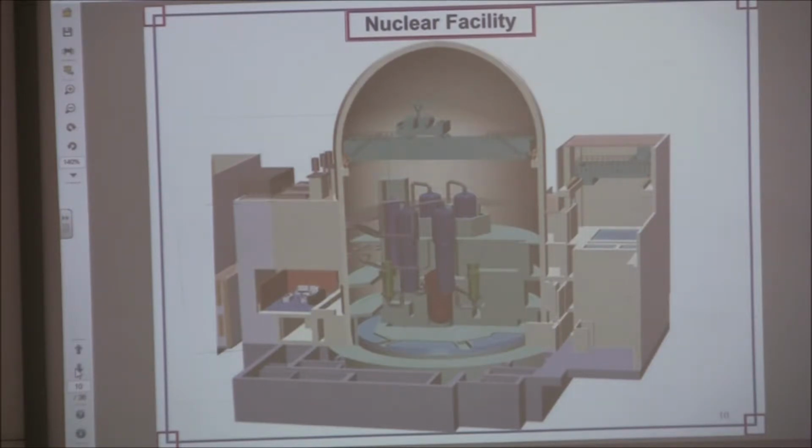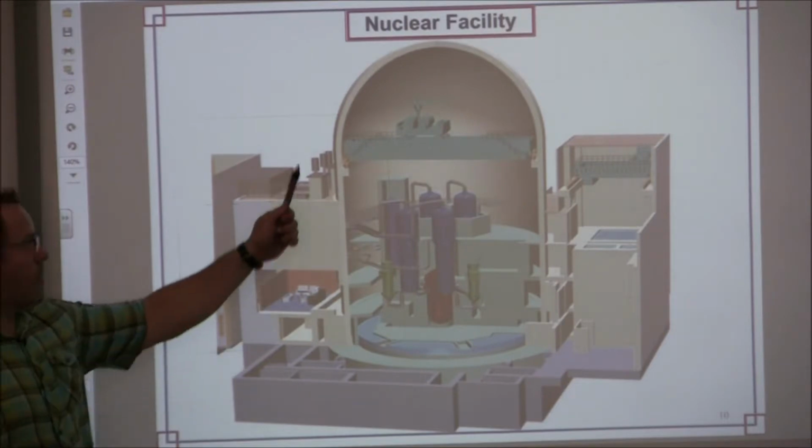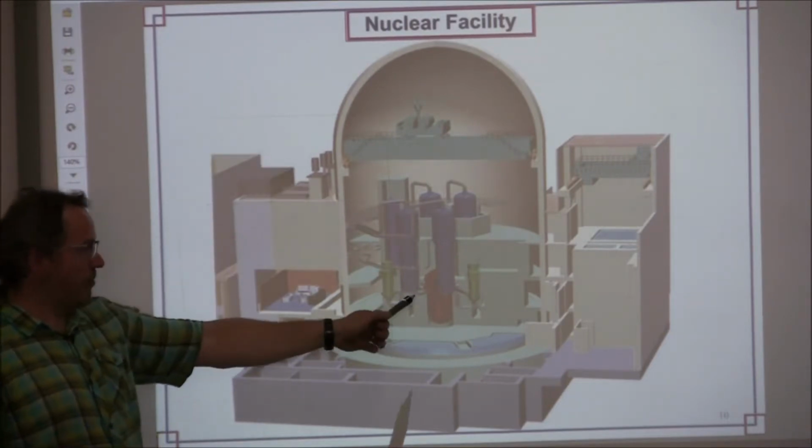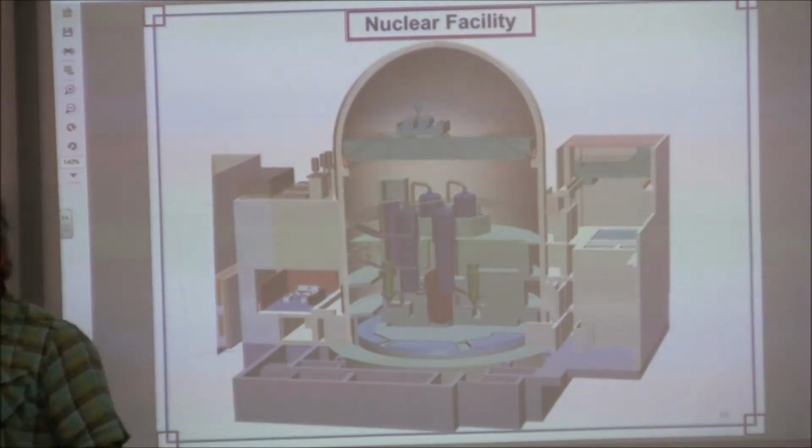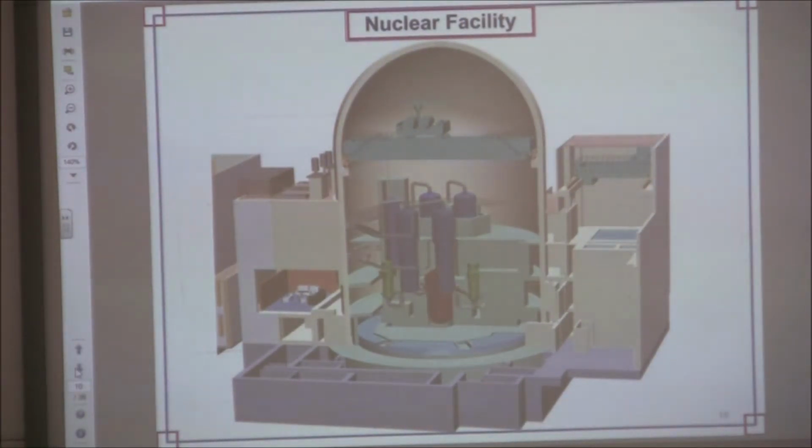Remember we talked about all those regulations and whatnot? So when you design a power plant, you have to design it for a worst case scenario, which means one of these or all of these pipes here, they break. And all the water that's in the reactor at 2,000 psi and 560 degrees comes out into the containment area. What happens when you have something that's at 2,000 psi and 500 degrees and immediately goes to essentially 0 psi?